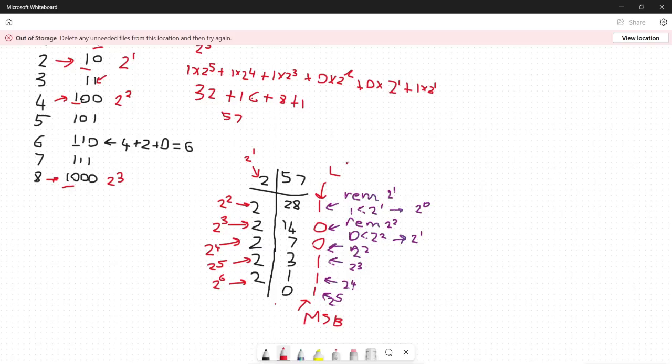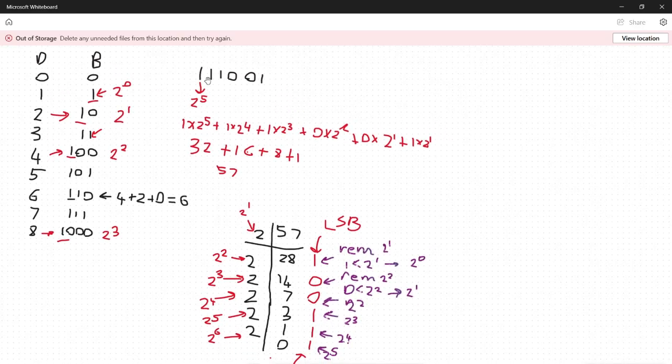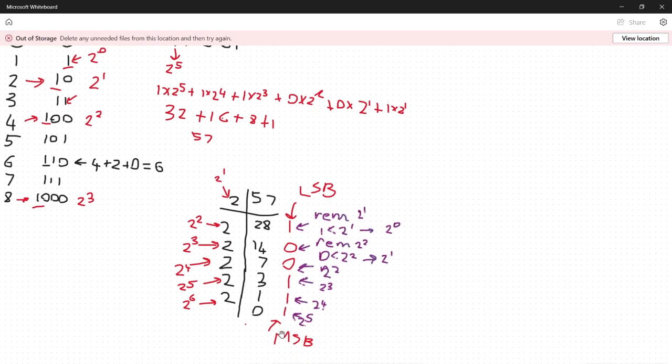And this is our LSB, our least significant bit. This is the lowest bit, the lowest digit in it. So I've now basically proven that this number is 57. I've proved it going from binary to decimal, and I've proved it going from decimal back to binary.